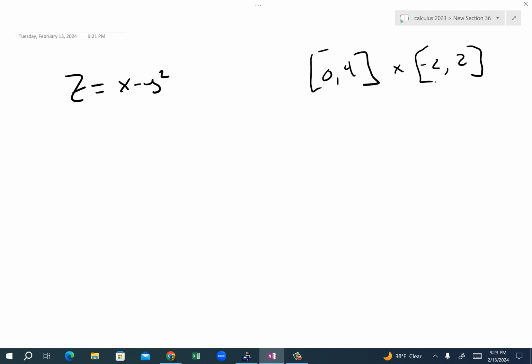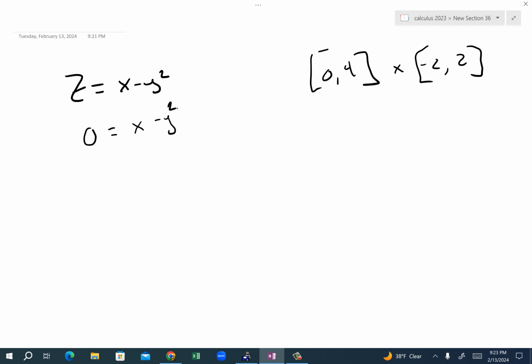As far as 37 goes, z equals x minus y squared on the interval 0 to 4 and negative 2 to 2. Now, the way I would do this, if I'm going to sketch out some level curves, remember level curves are when your z is equal to certain values, like this guy here.